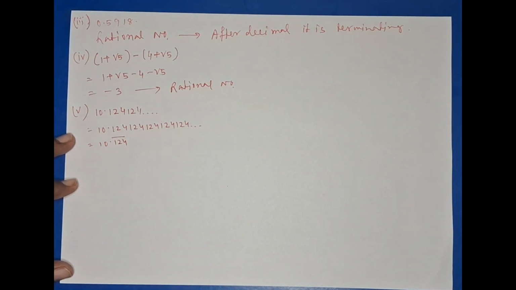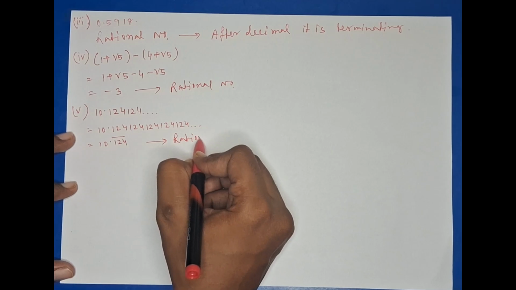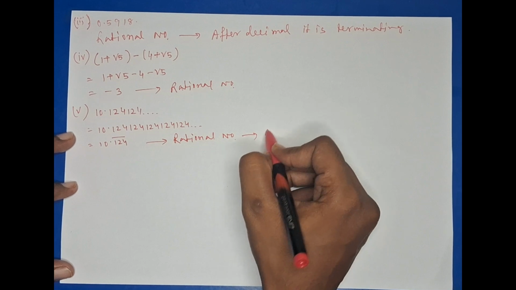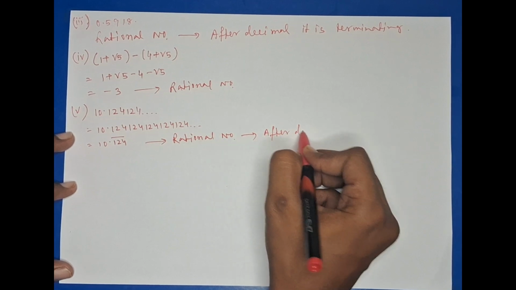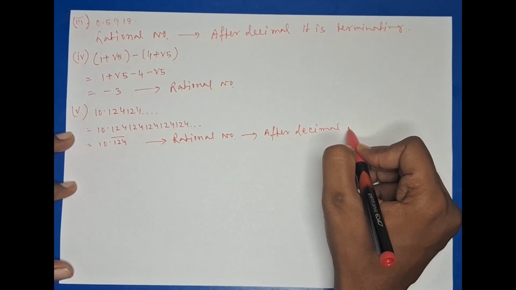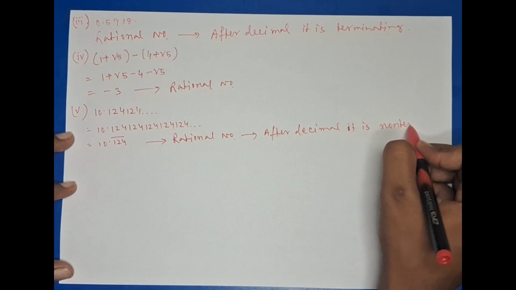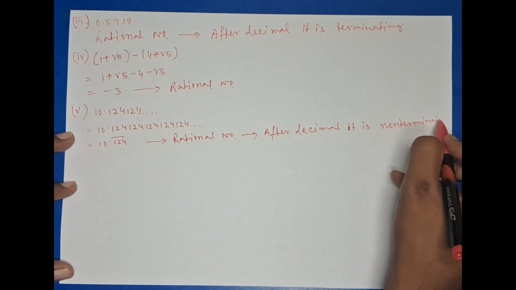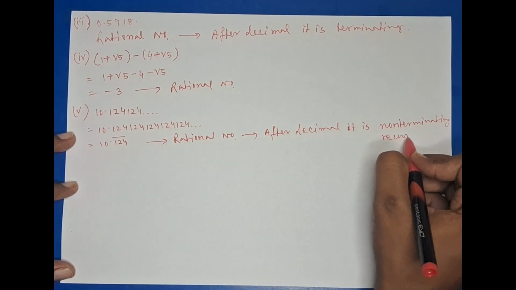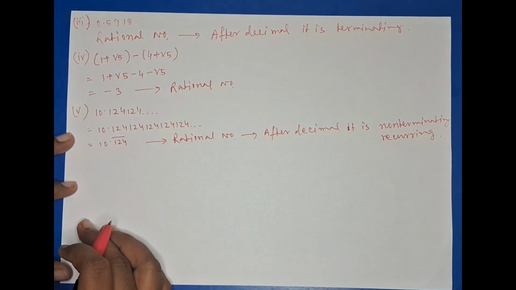This keeps on continuing. This is a rational number. Why? Because after the decimal it is non-terminating and recurring or repeating. That is the justification.